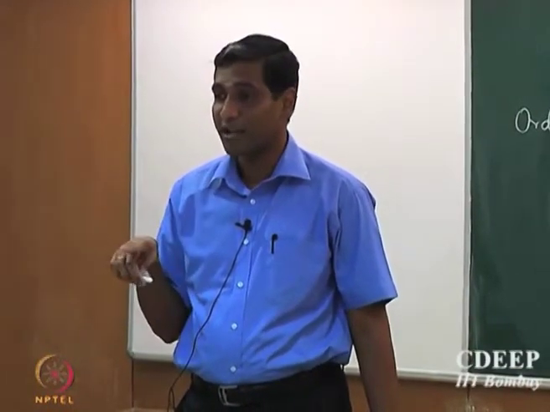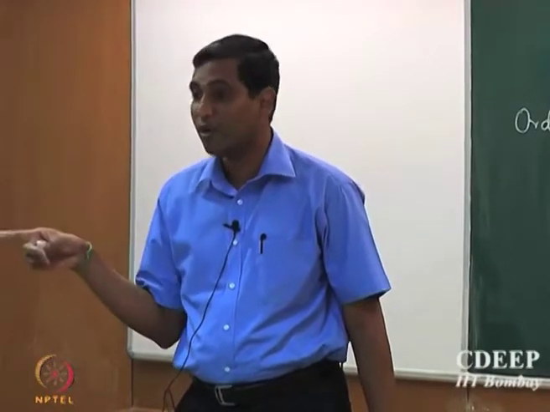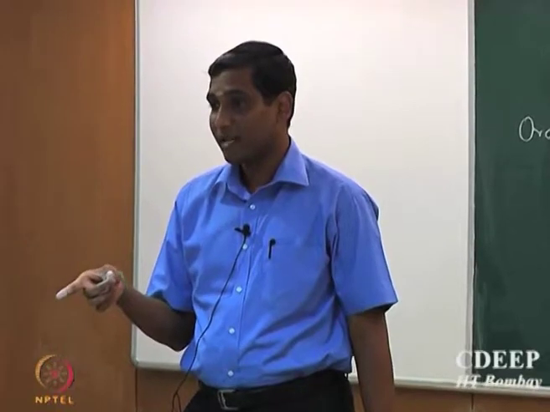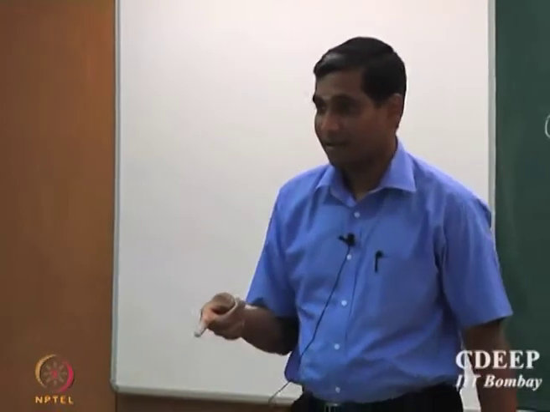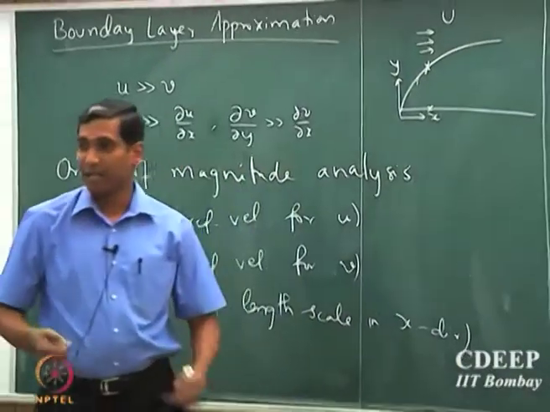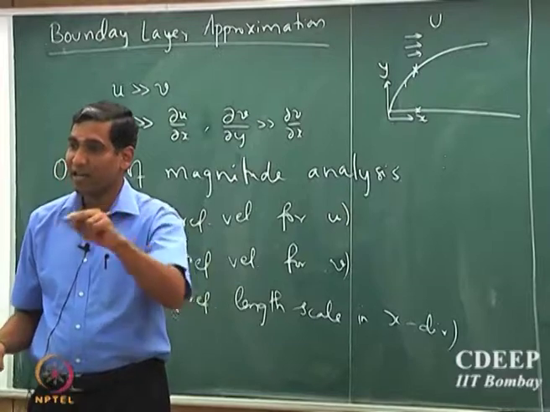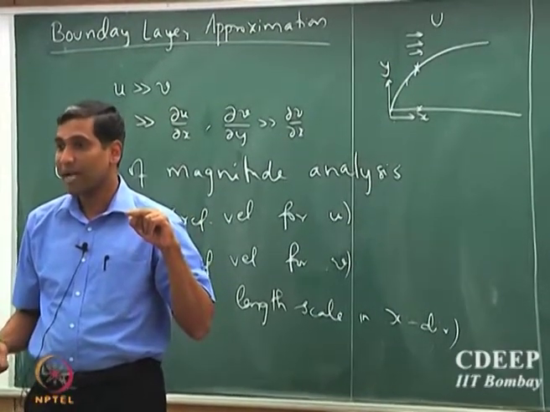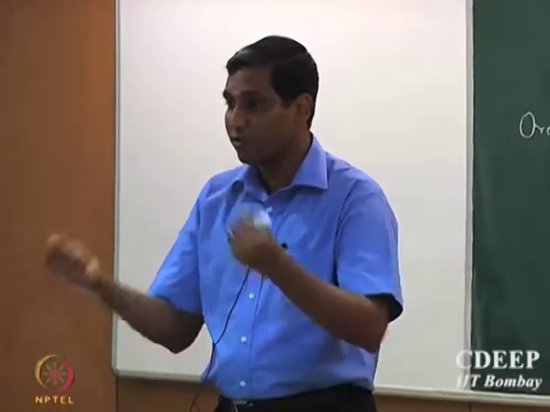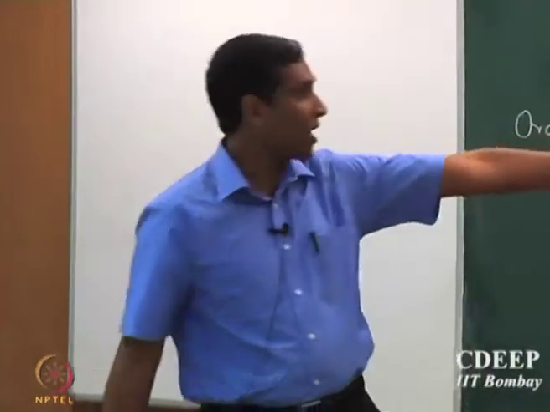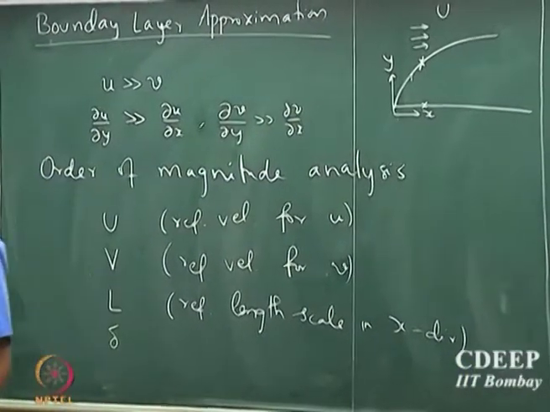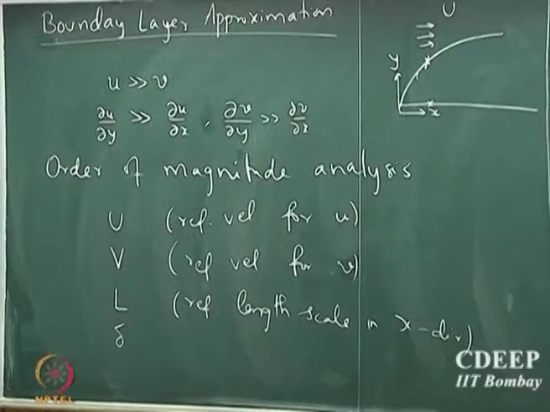If you take 100%, then you will have 0 y component velocity, because it has to be free stream. Whatever fluid is moving in the y direction here is compensated by the retardation of the x component velocity. That's what brings the continuity. If you do the continuity balance, you will see that the y component velocity has to be 0 in the free stream. Otherwise the primary direction of the fluid is not going to be the x direction.